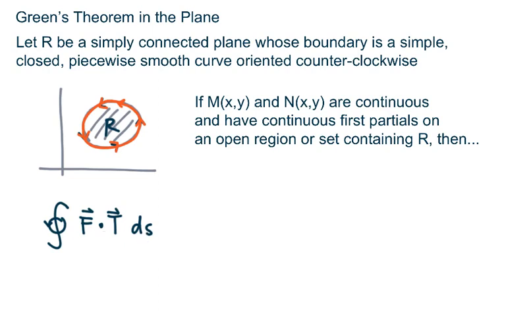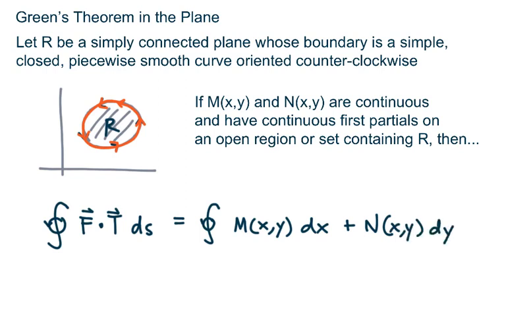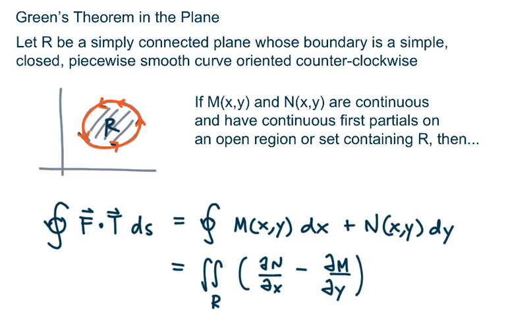So our typical line integral can be defined as that directed integral of M(x,y) dx plus N(x,y) dy, or rather the double integral over R of partial N with respect to x minus partial M with respect to y, dA, which just means dx dy.